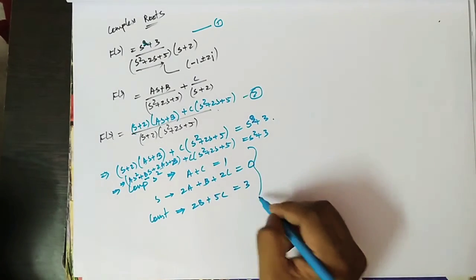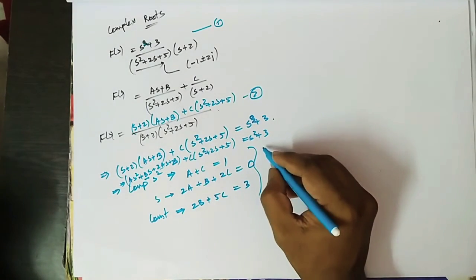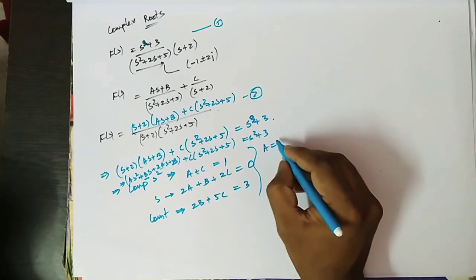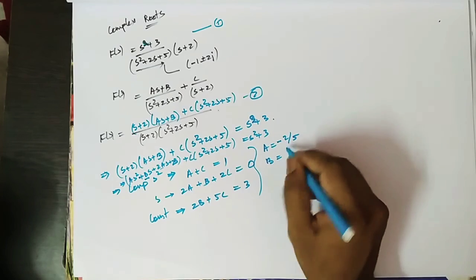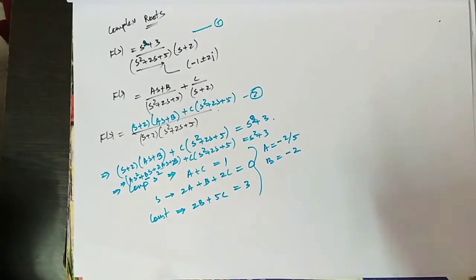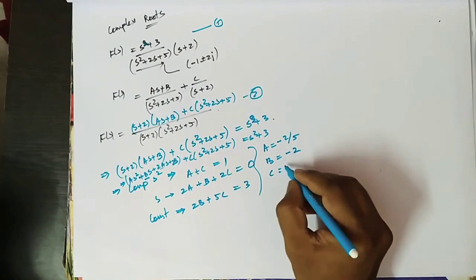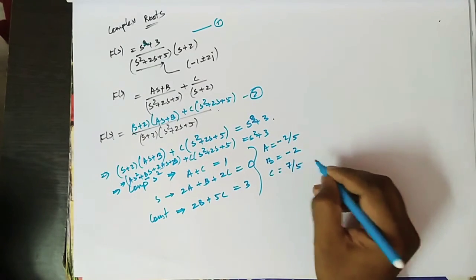Calculating these three equations, you will have a equal to minus 2 by 5, b equal to minus 2, and c equal to 7 by 5.